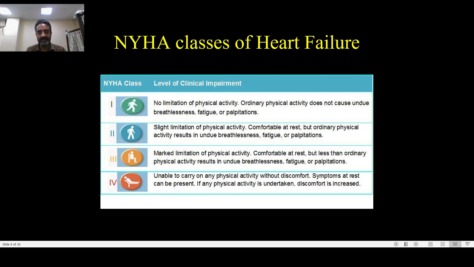Stage 3, marked limitation of physical activity is there; less than ordinary physical activity, the slightest activity, can lead to undue breathlessness, fatigue and palpitation. And then stage 4, where the symptoms are there even at rest. So these are the NYHA classes, New York Heart Association classes of heart failure.